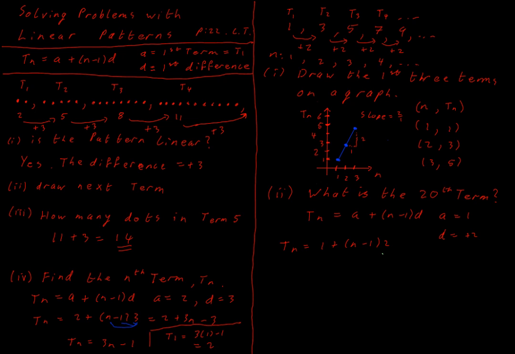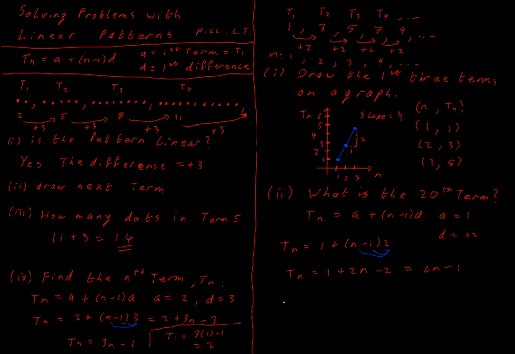So I multiply my 2 by each thing inside the bracket, just like I always do with multiplying in brackets. 1 plus 2n minus 2 is equal to 2n minus 1. And that is my pattern in general.